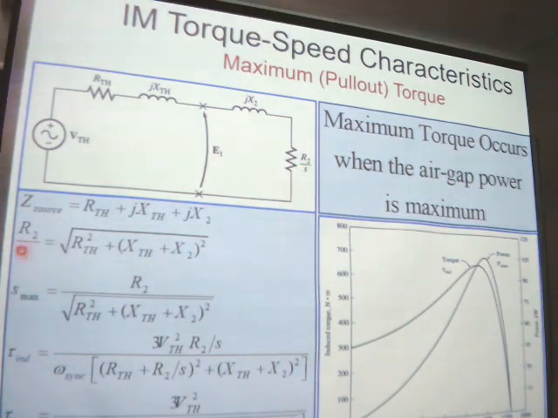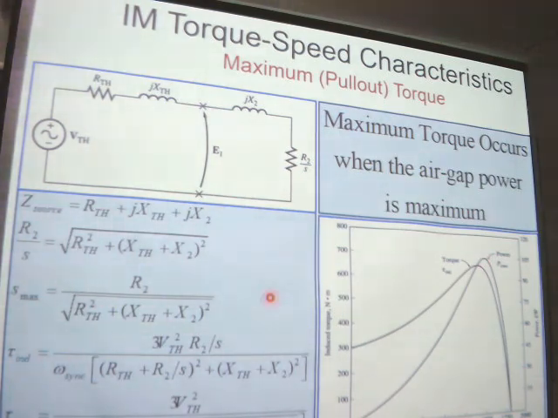From this equation we can calculate the corresponding speed at the maximum torque point.